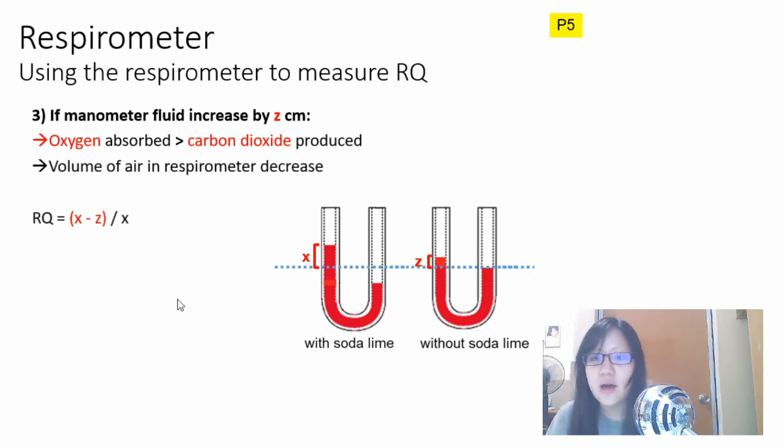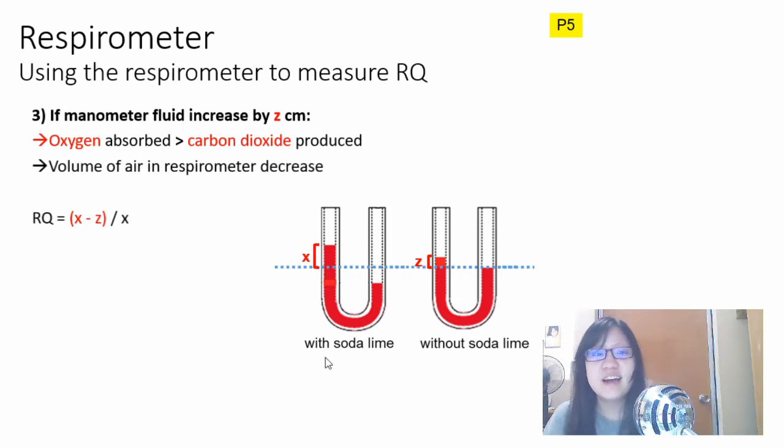And therefore, you will have an RQ value that is less than 1. So in this case, your organism is probably using lipid or probably using protein as a respiratory substrate. So that's using the respirometer to measure RQ.